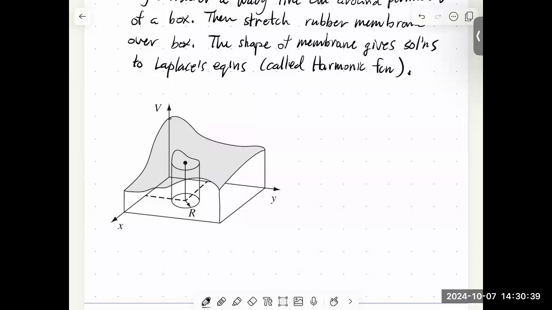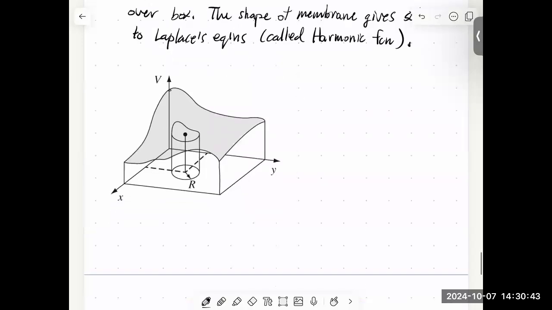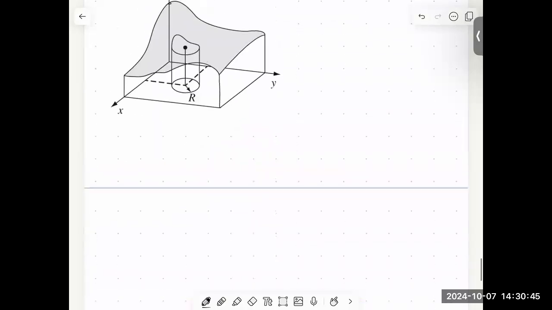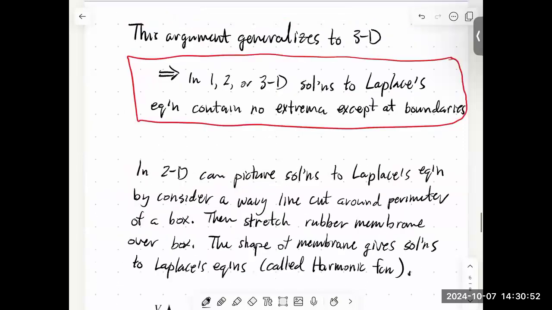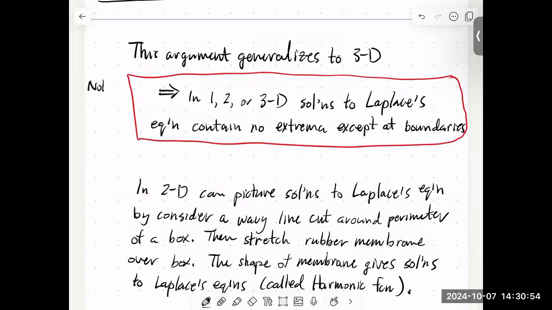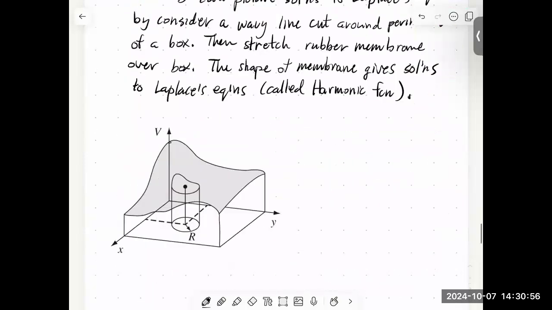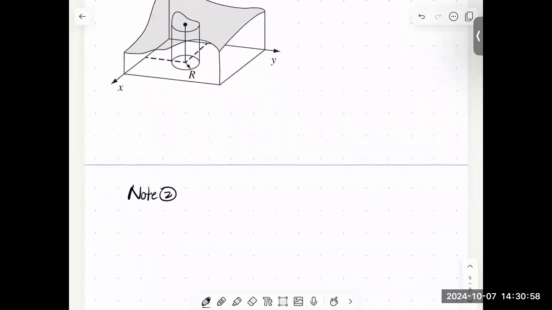So what we want to do is come up with this averaging argument in 2D. So if we're going to call this note 1, then our note 2 is the following.